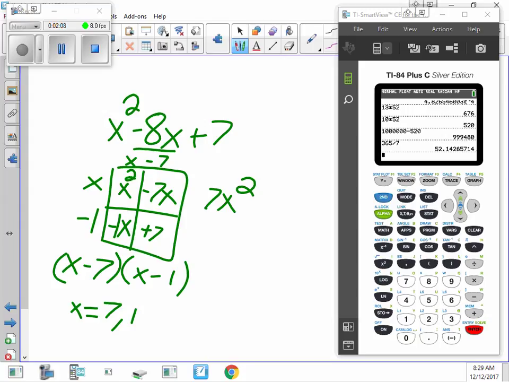So if a quadratic factors, the answers are nice numbers. They're either whole numbers or they could be fractions. If there's a number in front of the x squared, it's possible for the quadratic to have fraction answers. But what about those quadratics that don't hit at a nice number? Well, we created the quadratic formula for that.